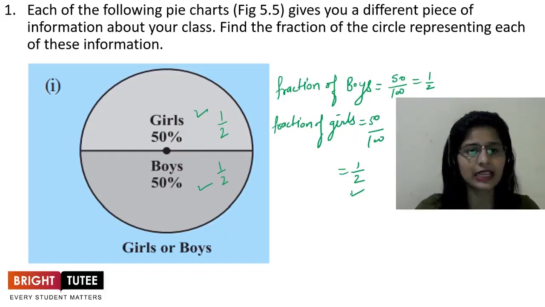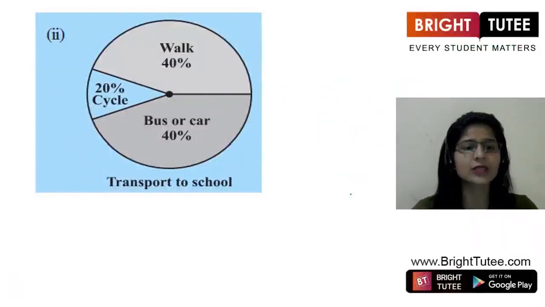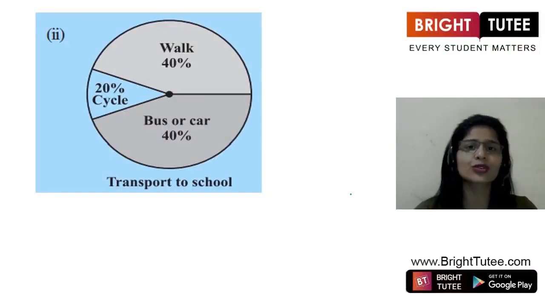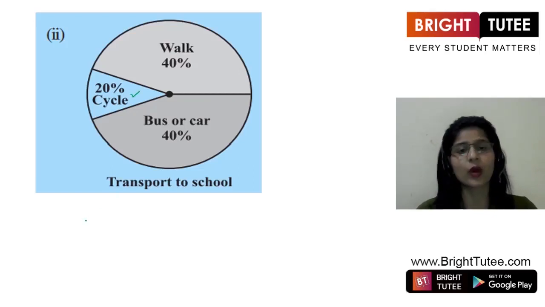Clear? In the second part, they are asking transport to school. So that means what means of transport the students, whether it's a girl or a boy, is using to go to school. So the first one we see here is 20%, right? 20% they are using cycling. They go by cycling. So we say what percentage or what fraction of students are going by a cycle? So it is 20%.